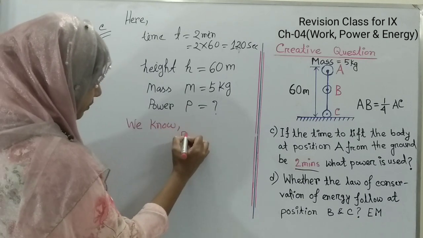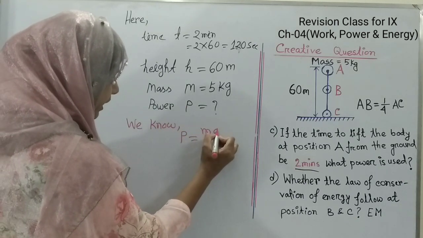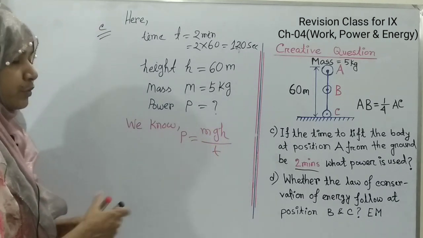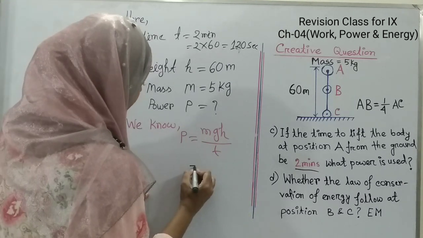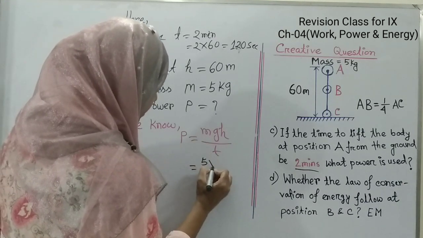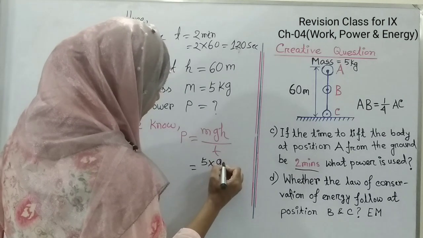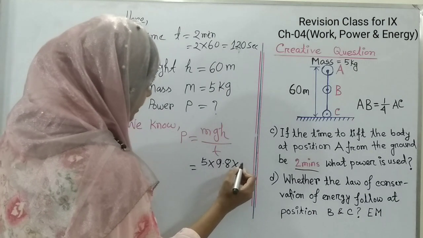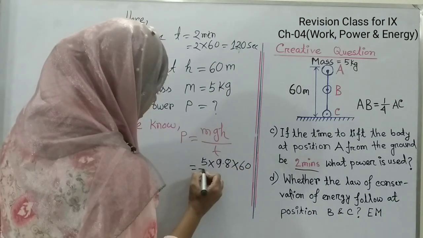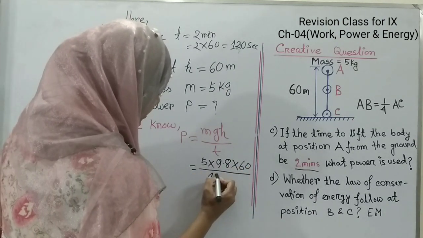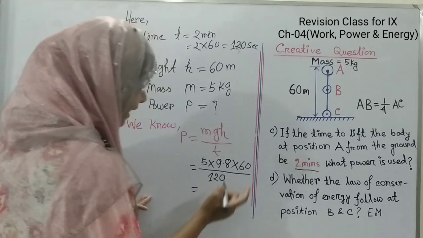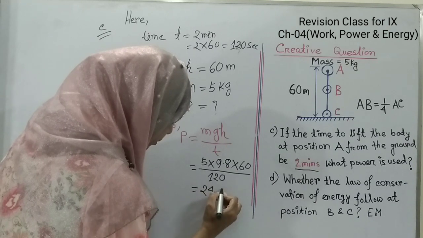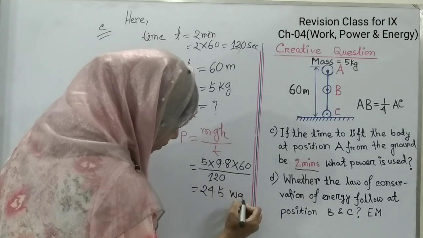We know that P equals mgh by T. Now put the value of m is 5, g, you know that the value of g is 9.8 meter per second square, and here height h equals 60, and given time is 120 second. So by calculating it, you will get the answer is 24.5 watt.